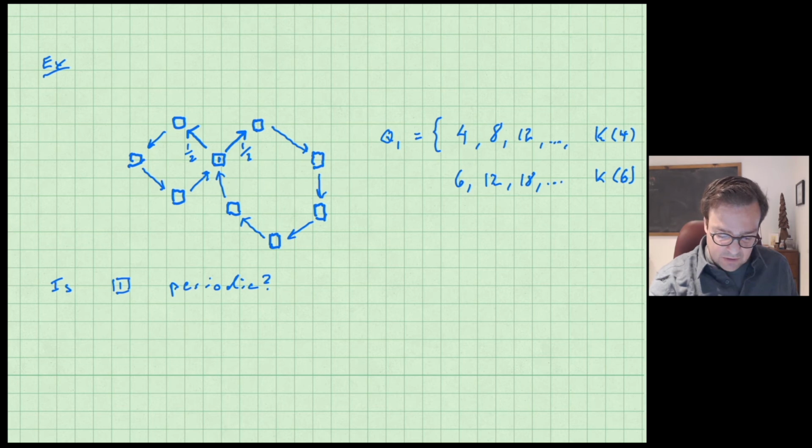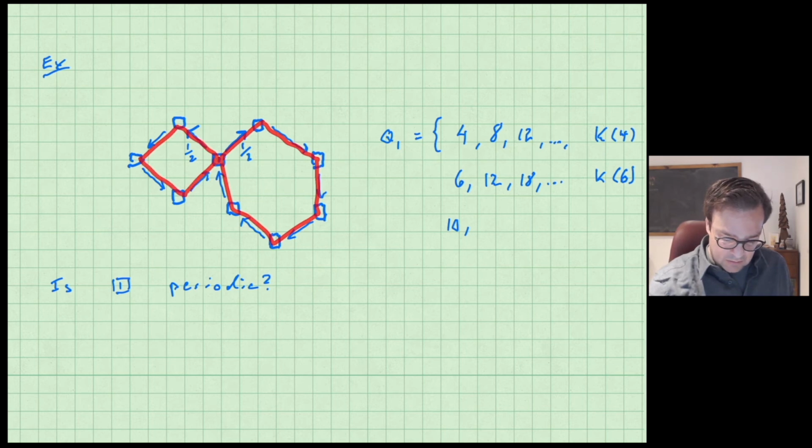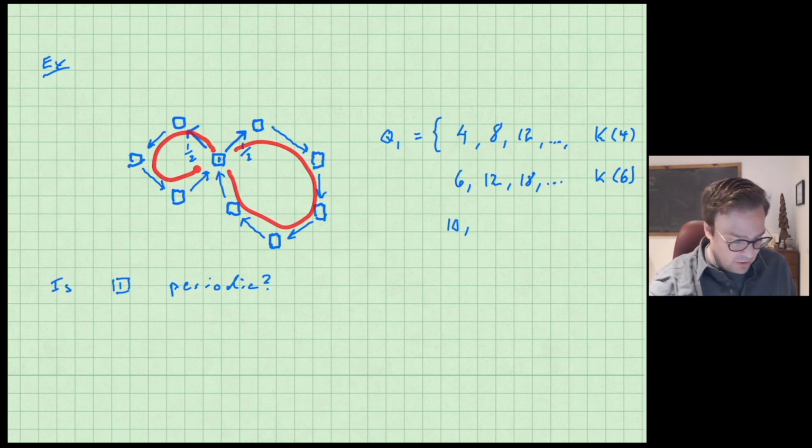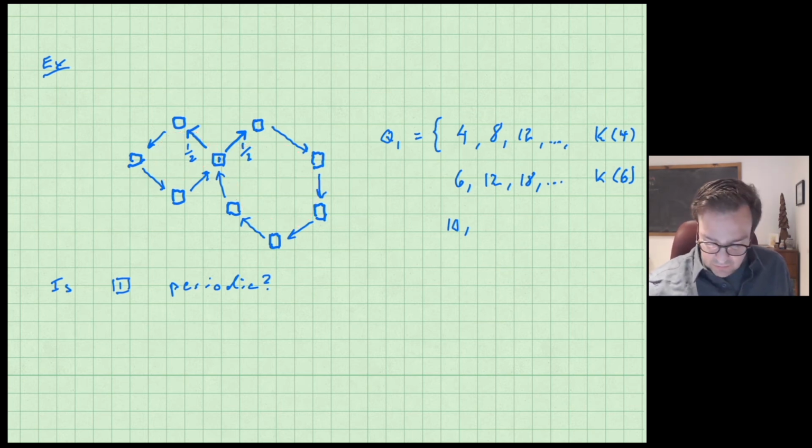And then let's start counting up others: 1, 2, 3, 4, 5, 6, 7, 8, 9, 10. That's the same. So you could keep doing this, right? You go through a loop of 6, a loop of 4, and then you have different combinations of that. So I think the next one you can get to is 14, and so on.